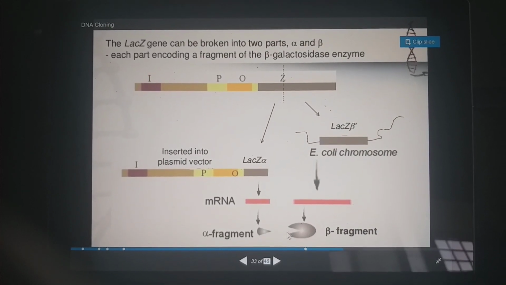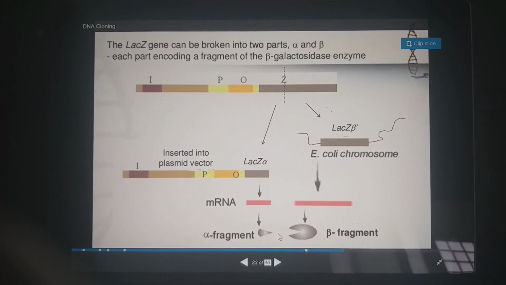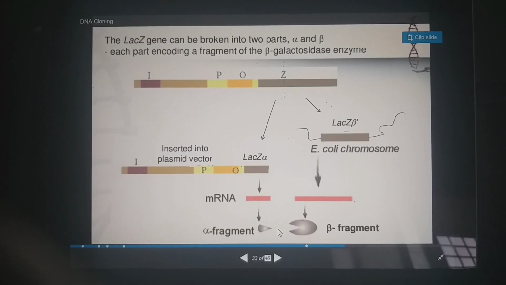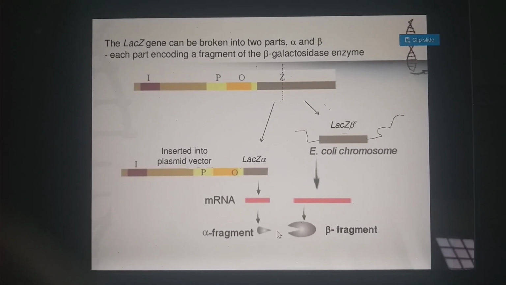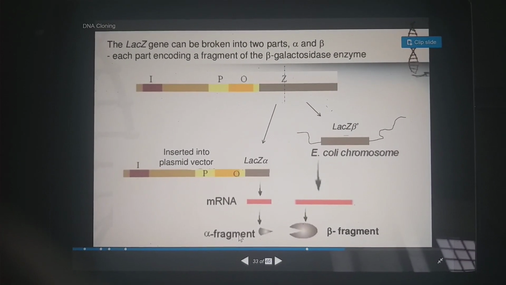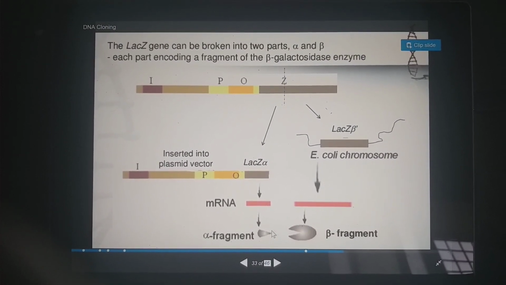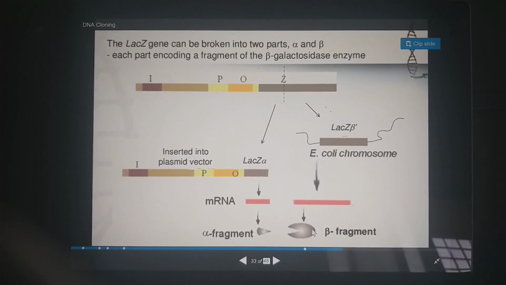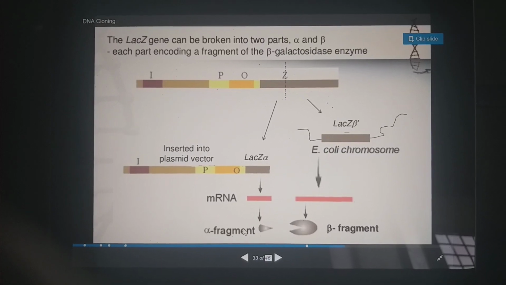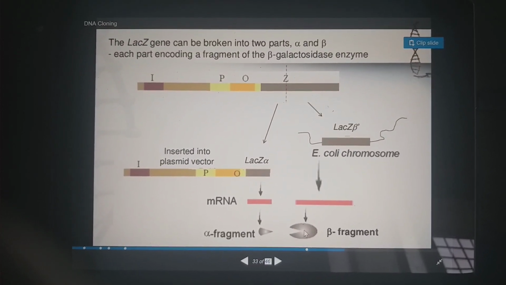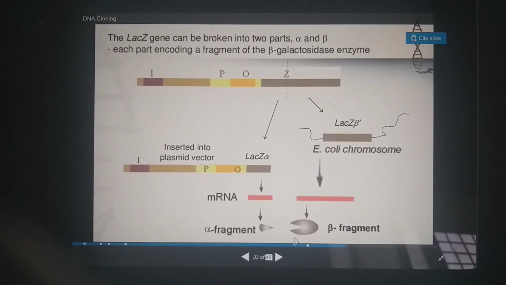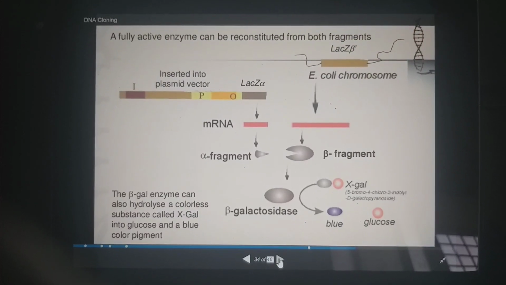So the complete beta galactosidase is made up of alpha fragment and beta fragment. Means when alpha combines with beta, you will get the active beta galactosidase enzyme.